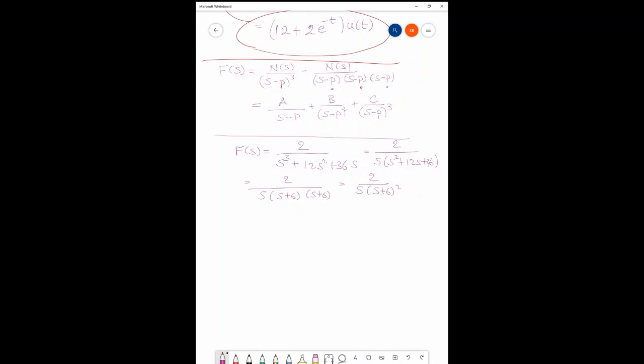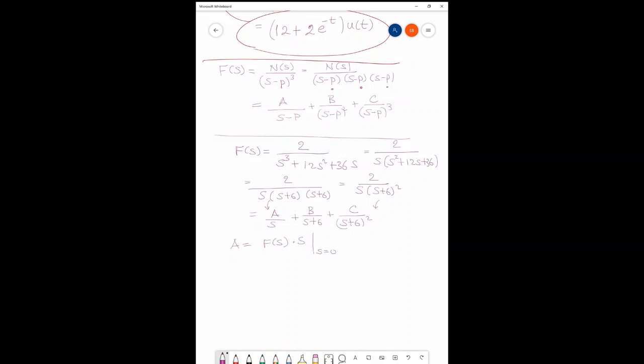So in this case, we are going to have a over s plus b over s plus 6 plus c over s plus 6 the whole squared. For a and c, we don't have any problem. As we know, a is found by multiplying f of s by s and taking s equal to 0, because it's a different pole.